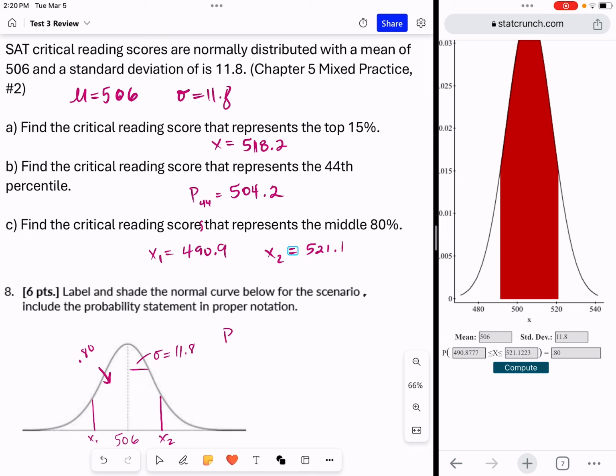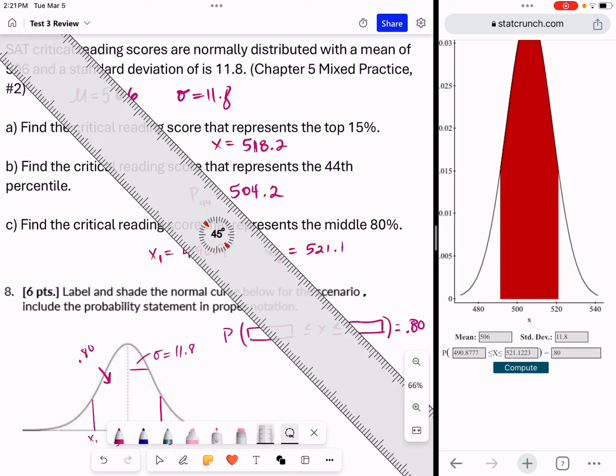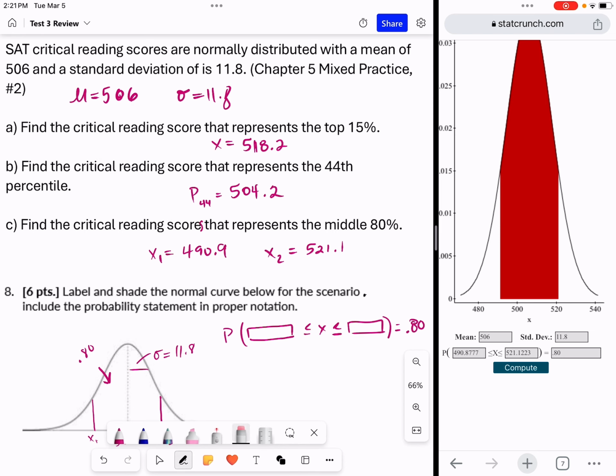As far as what you would write out, basically you're just identifying that these are the two numbers that you're trying to find.